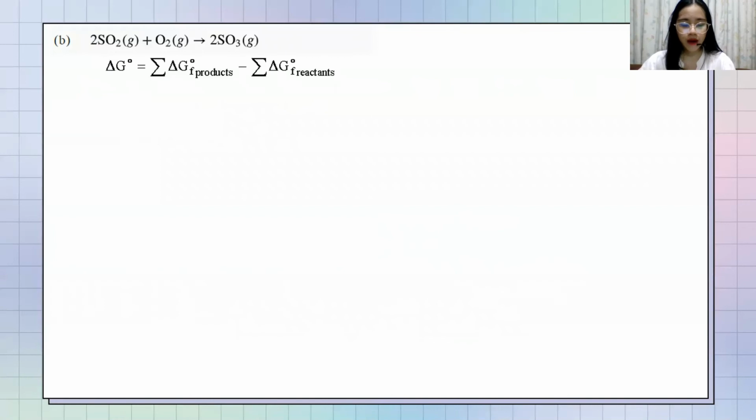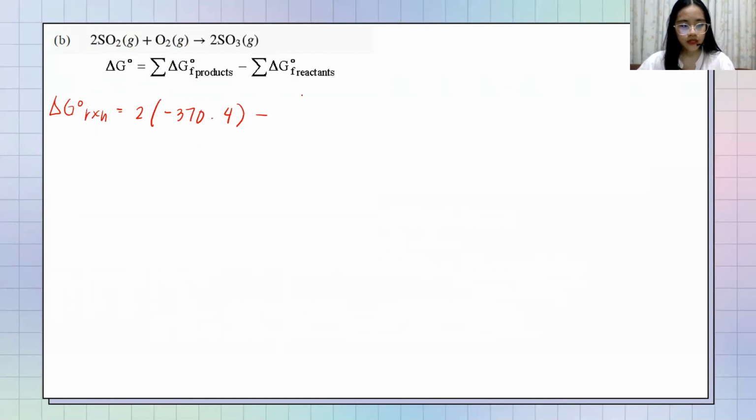Next, we will just copy the process we did earlier. So in the product side, we have 2 moles of sulfur trioxide. So 2 times negative 370.4 minus the reactant side, we have 2 moles of sulfur dioxide and 1 oxygen gas.